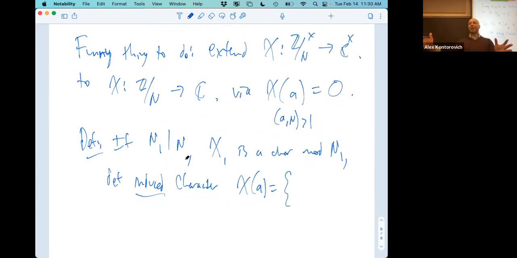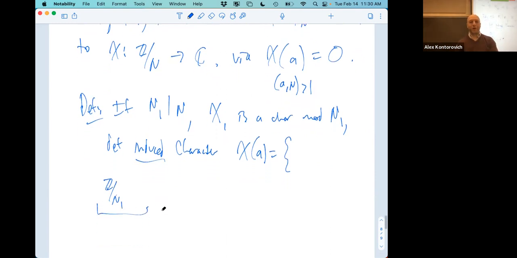So if we have a character mod n1 and a divisor, we know the values of z mod n1. Here's z mod n1, 1 through n1 or 0 through n minus 1, and here's another one, and here's another one, but then n is a multiple of n1.